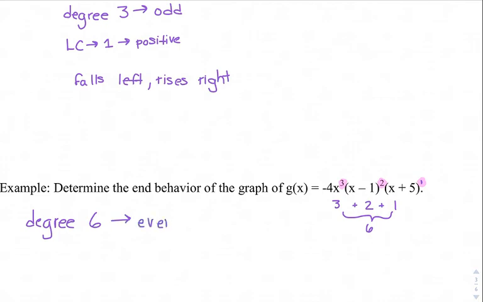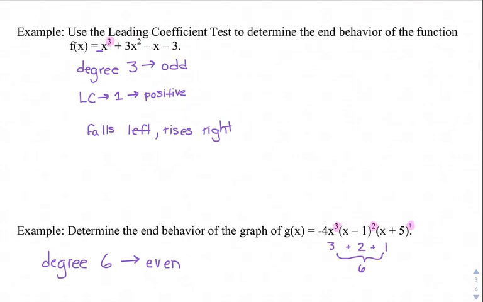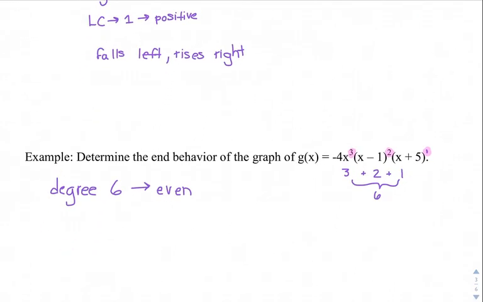If your components are being multiplied, you have to go off the degrees and add them, unlike the first example where we're adding those terms. That's the only difference. So it has a degree of 6. Then we take a look at the leading coefficient, this number right here. The leading coefficient is -4, which is a negative number.